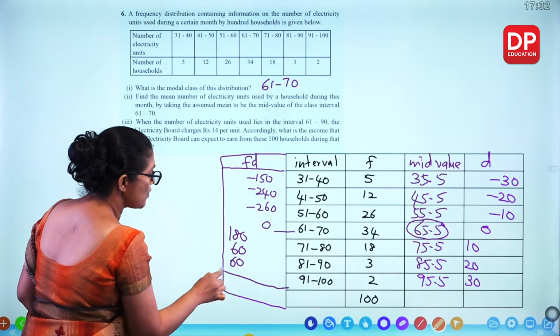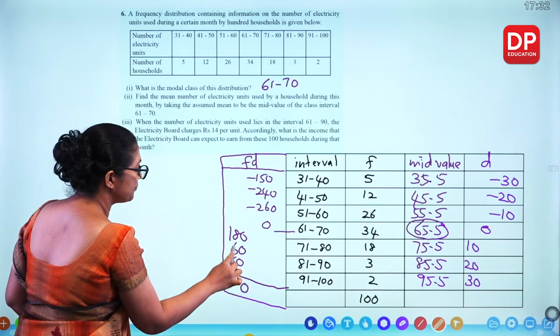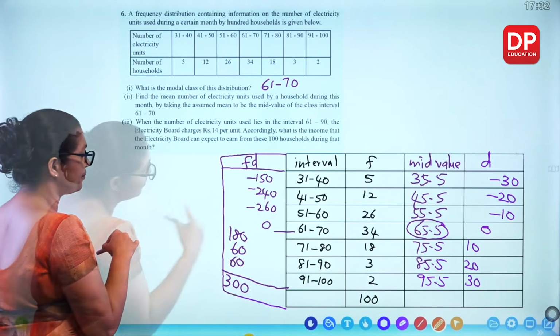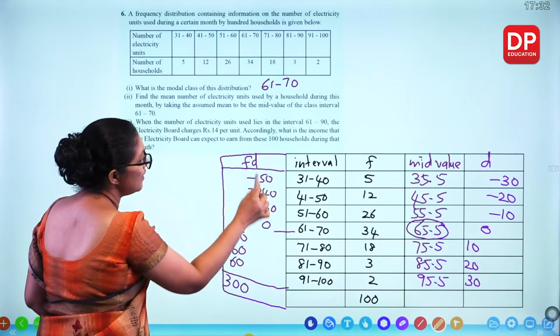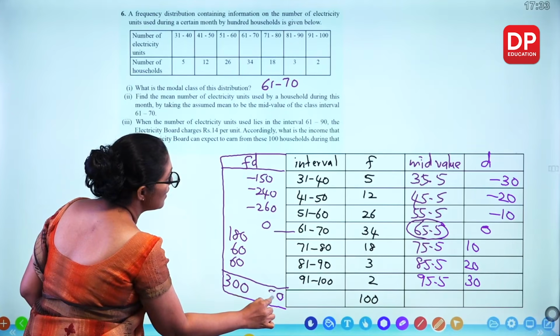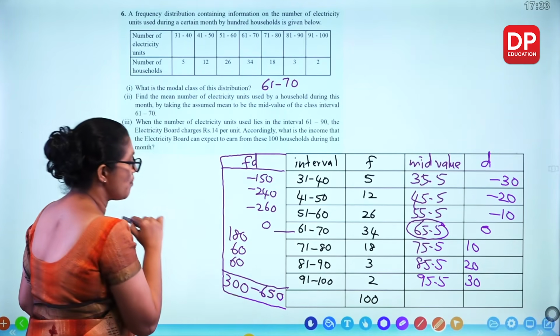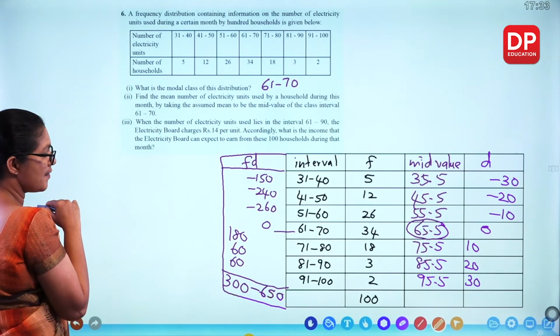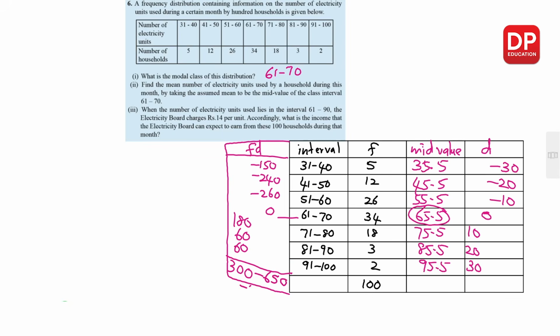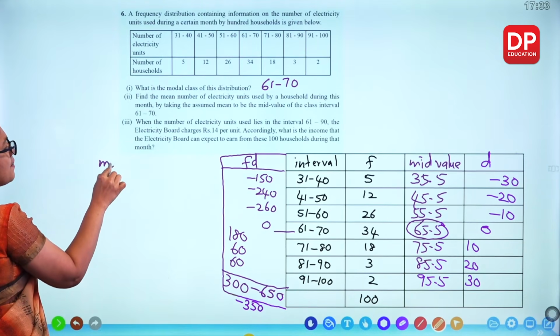Add the positive numbers, you get 300. Calculate the total of the negative values, you get 650. So minus 650 plus 300. So the answer is minus 350, that's negative.